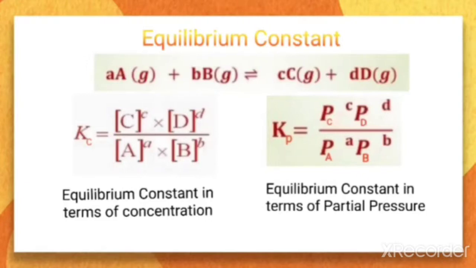Kc is the equilibrium constant when we take the concentration of reactants and products, and Kp is the equilibrium constant for the same reaction, but instead of concentrations we take the partial pressure of each gas, because it is only applicable for reactions in which the reactants and products are in the gaseous state.